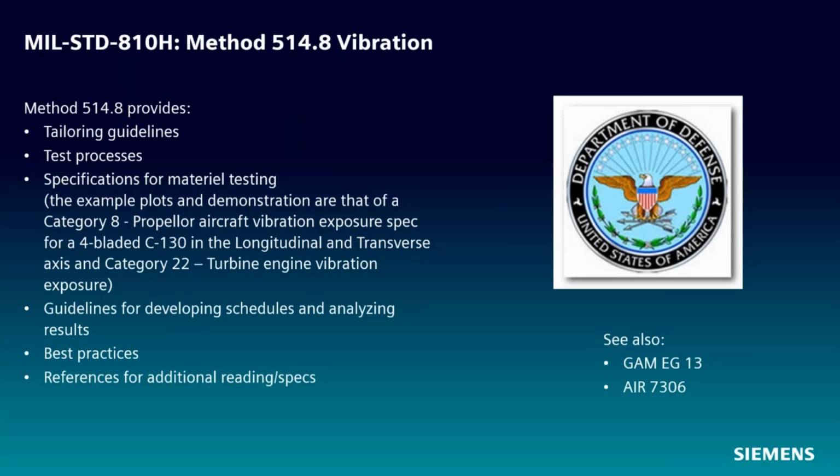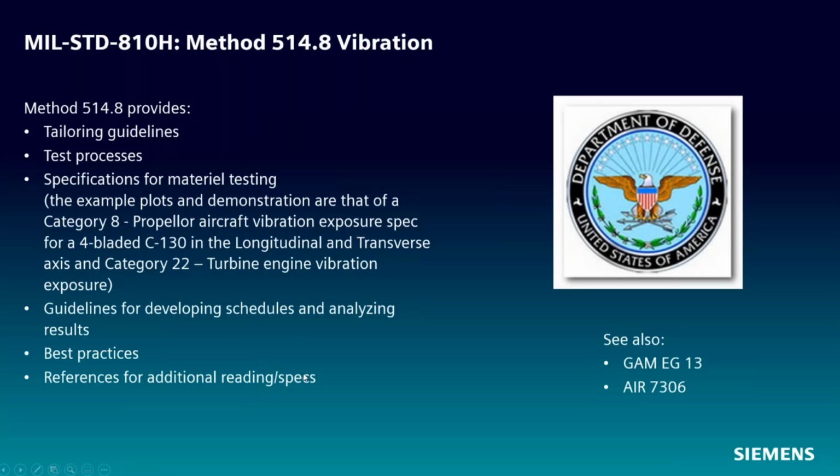For example, we're going to program into the software a C130 test and a turbine engine test that is defined in the MIL standard. And there's also guidelines for developing test schedules, guidelines for analyzing results, best practices, and a whole bunch of references that you can look into.